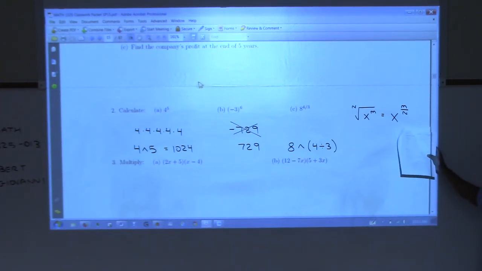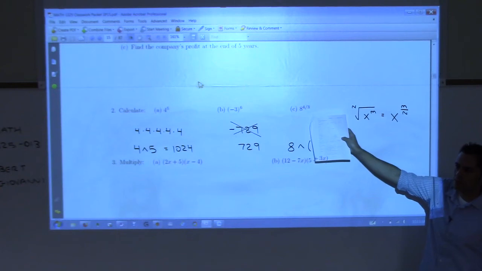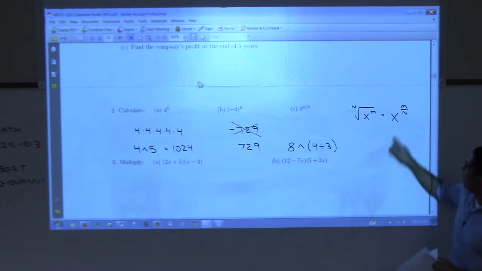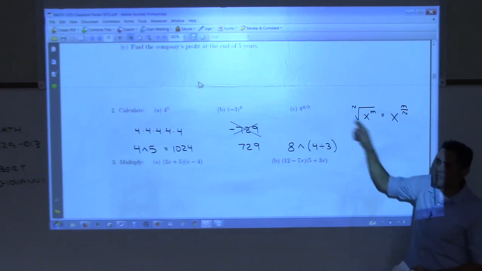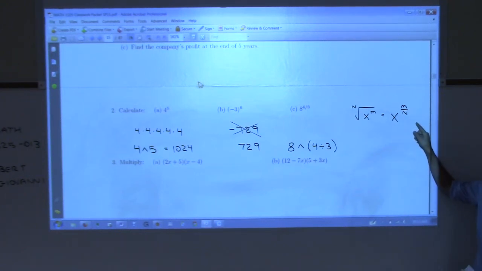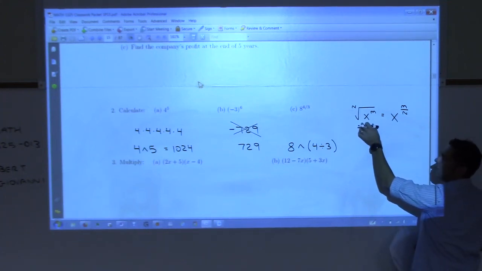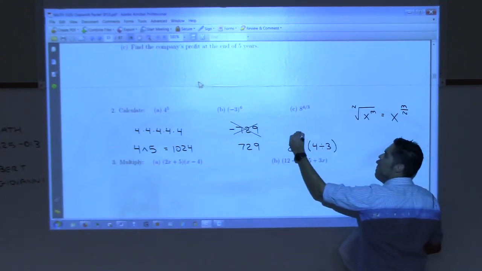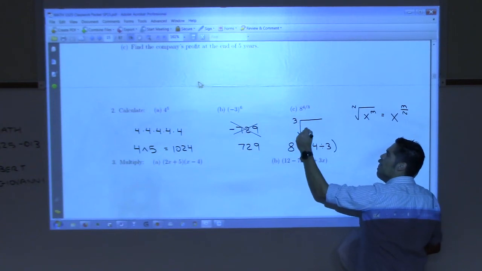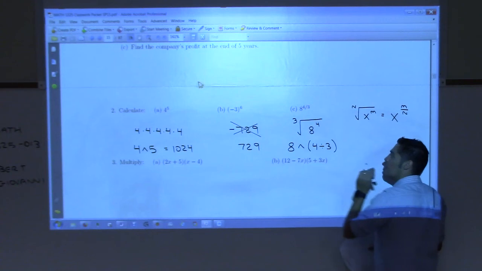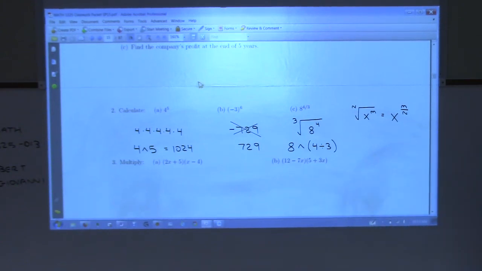So we could use that with this. We could say that the x is the 8, and then the 4 is the m, and the 3 is the n, right? And convert it over to a radical. So this would actually be what root out here? Cube root, so 3, and then we would have 8 raised to the 4th power, like that. That's what that would mean.